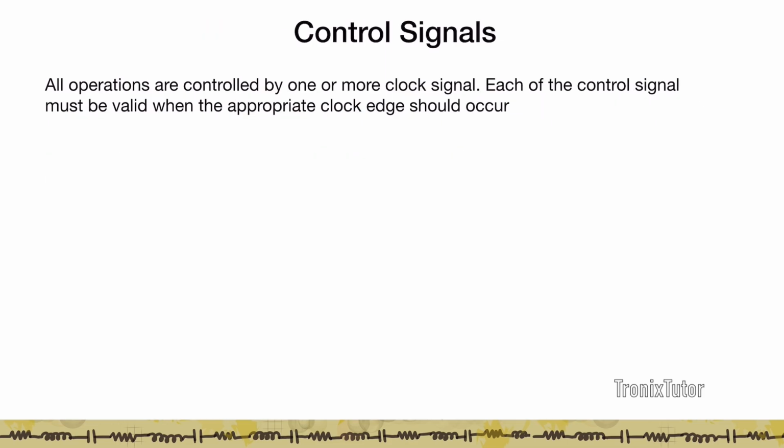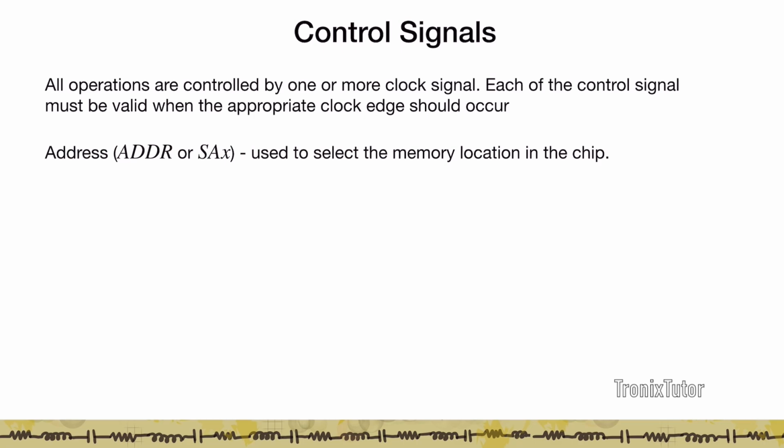So you do need quite a few control signals to ensure that the read and write operations are done successfully. All operations typically are controlled by one clock signal, and each of these control signals must be appropriately set and be valid when the clock edge comes.